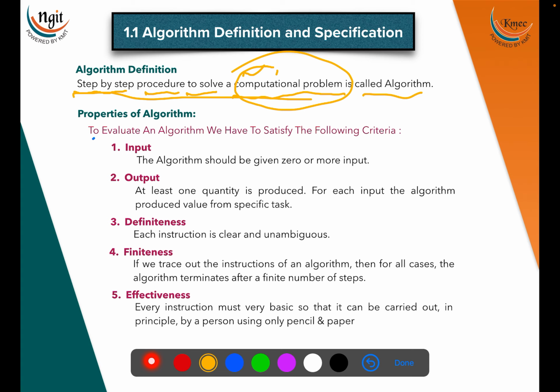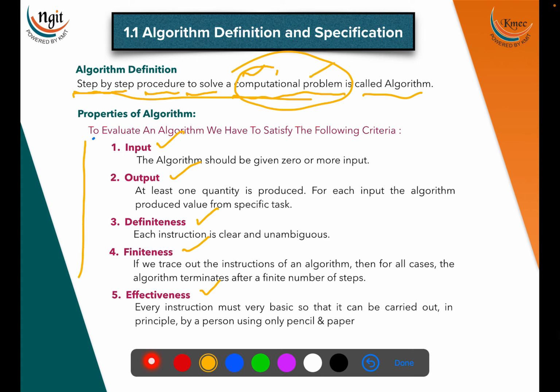Now, let's see what the properties to define an algorithm are. Those are input, output, definiteness, finiteness, effectiveness. Let us see that with an example. I want to add 2 numbers.